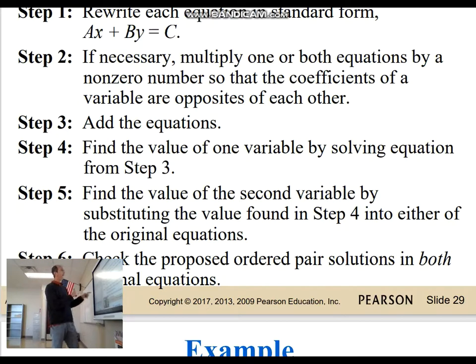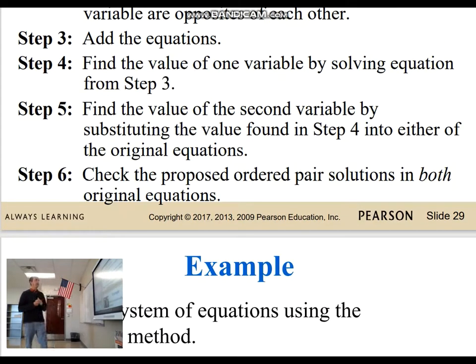Step 4, find the value of one variable by solving the equation from step 3. Step 5, find the value of the second variable by substituting the value found in step 4 into either of the original equations. The first or the second one, doesn't matter. And step 6, check the proposed ordered pair solutions in both original equations.